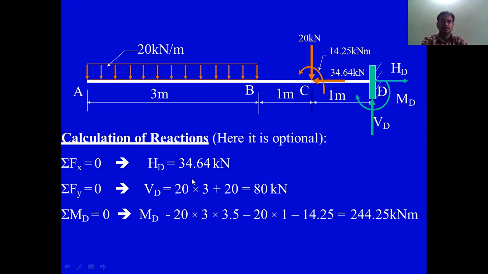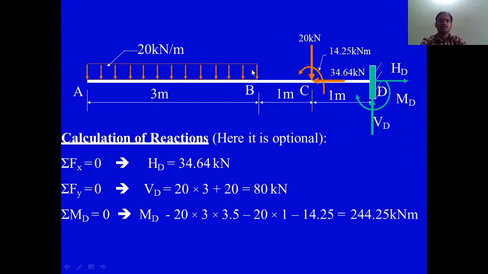So that also you should determine. Consider the moment about point C, not the point C. Simple. What is the reaction moment here? The summation of all the moments is equal to 0.